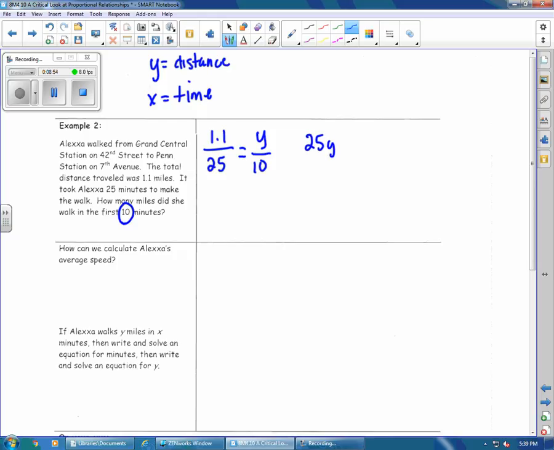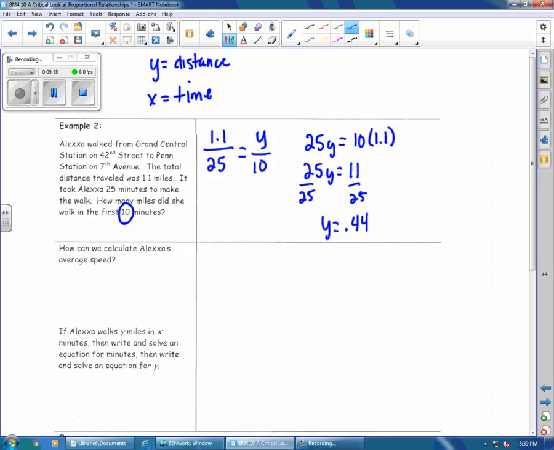25y equals 10 times 1.1. So 25y equals 11. Divide by 25. And y is going to equal a weird fraction, which I want to look at as a decimal. It's 0.44.